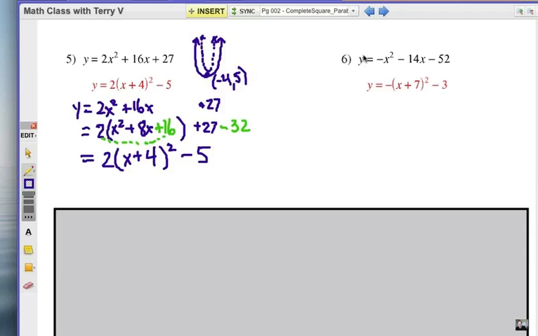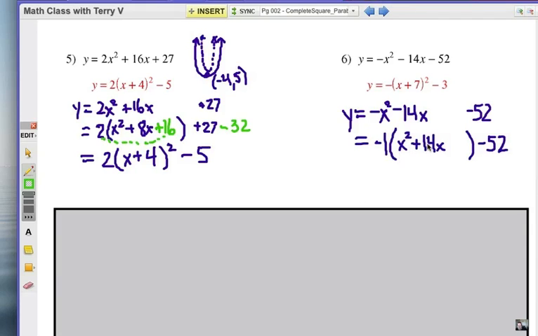All right, number 6. Let's scoot the -52 over to the right, give us some room here in between, and I'm going to group the x terms together and then see if I can factor it. A clue is that the x squared term is negative, so we definitely have to factor out a -1.